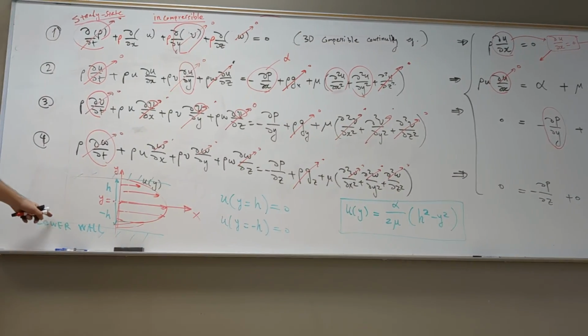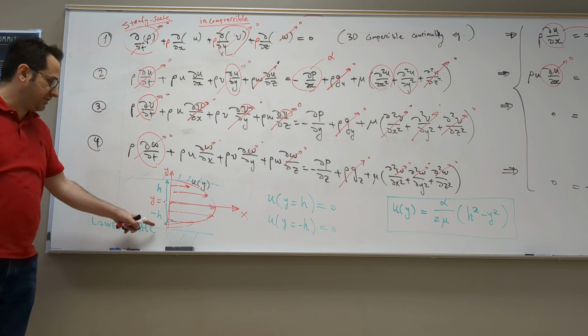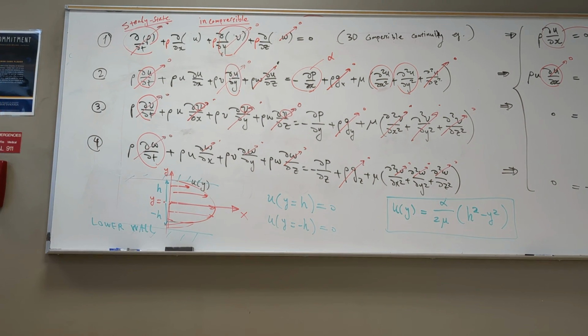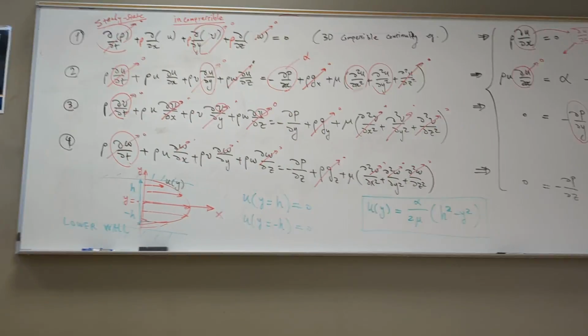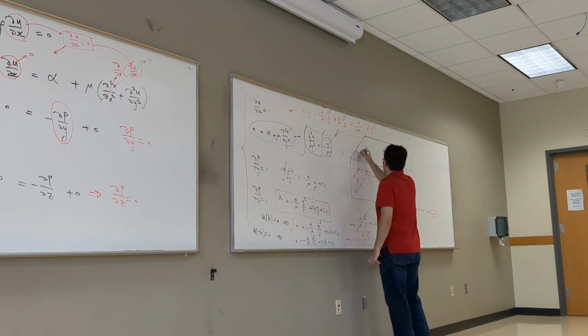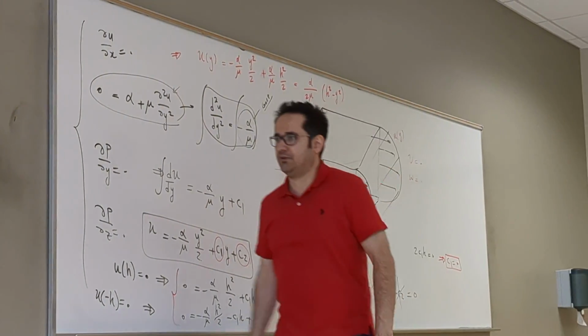The velocity is 0. Right? You agree? What do I get if I put positive h, the upper wall? 0. So in both walls, the velocity is 0.